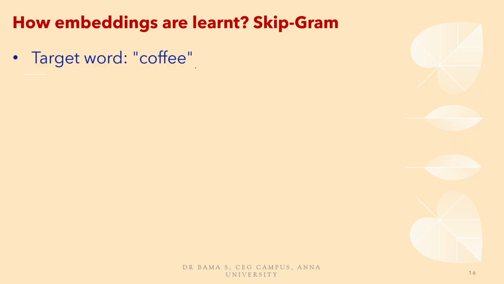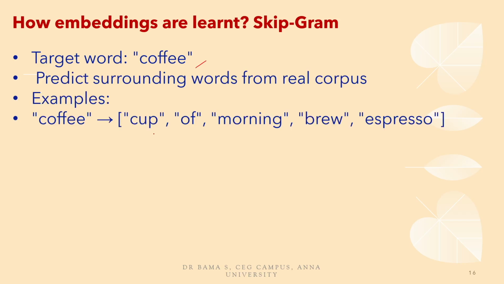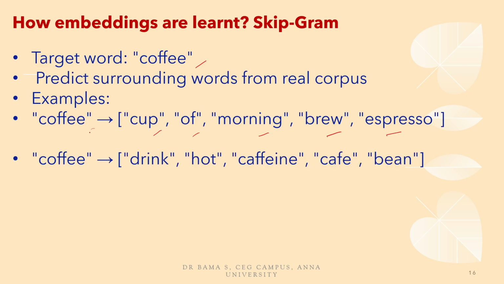The other method is the skip-gram, where suppose we have the word coffee, and we predict the surrounding words from the real corpus. Say for example, cup of, morning, brew, espresso, these link to coffee. The others are drink, cough, hot, caffeine, coffee, bean. Using these words, either coffee can be predicted, or given coffee, these words can be put in.